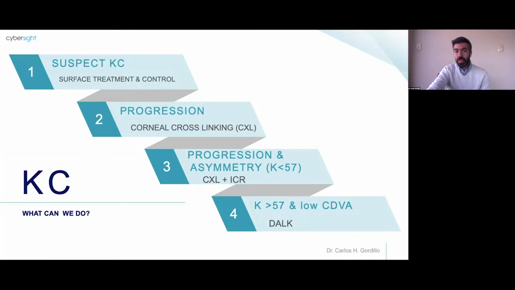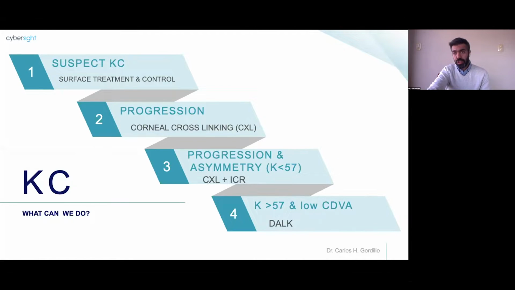So what to do with the patient? First of all, when we suspect keratoconus, we need to do a corneal follow-up with topography. We need to do surface treatment. It's very important at the beginning because we know that if you don't treat the patient accordingly, you're going to have evolution and progression of the keratoconus.